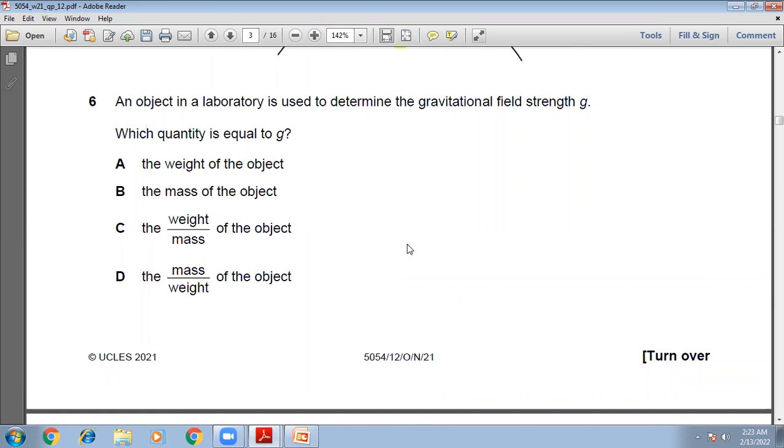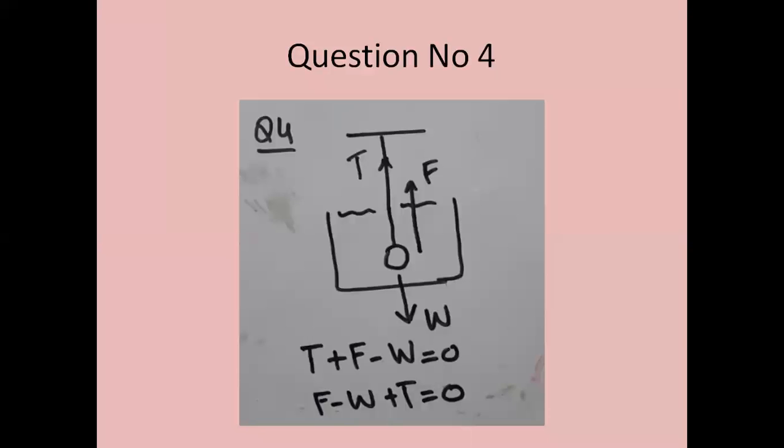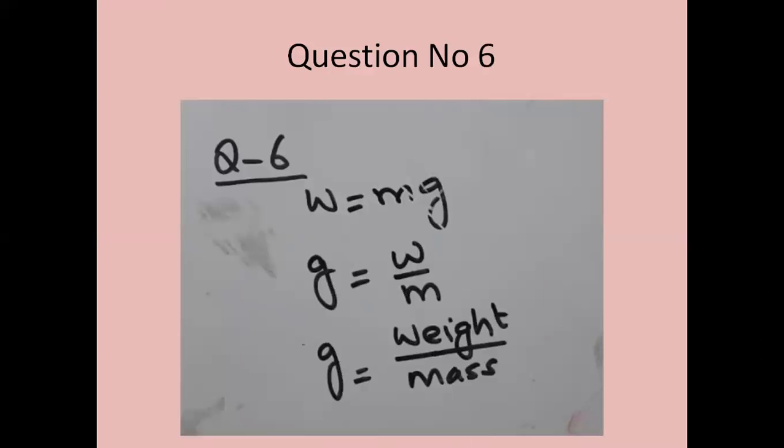An object in a laboratory is used to determine the gravitational field strength g. Which quantity is equal to g? So here different formulae are given. Okay. So you know that weight is equal to mg. So if you make g the subject of the formula, it will become g equals W by m.